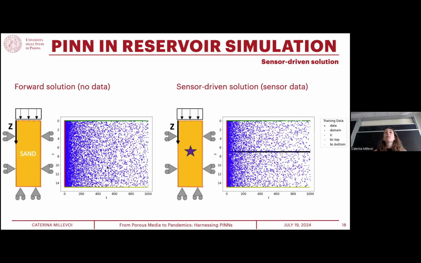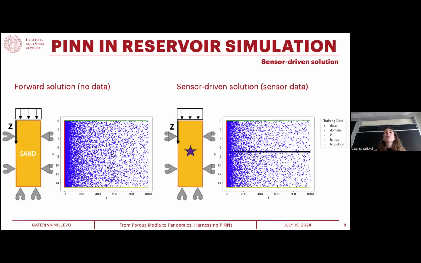So we propose a sensor-driven approach. Usually, when we want to simulate a reservoir, we have a lot of data coming from sensors that are spread around the domain. So we suppose we have a sensor in the middle of, for example, the column, able to measure the quantities of interest over the time domain.